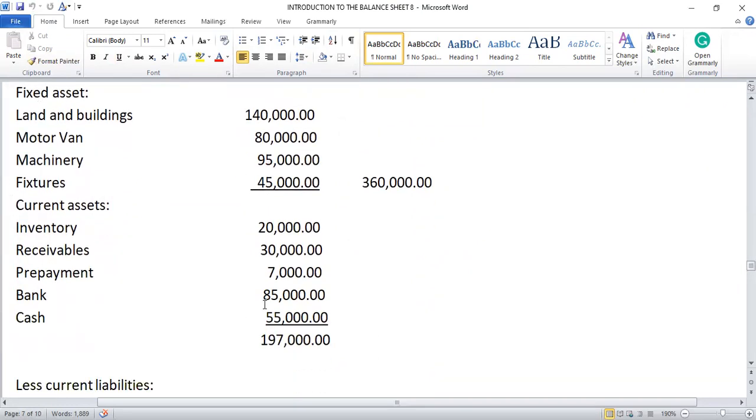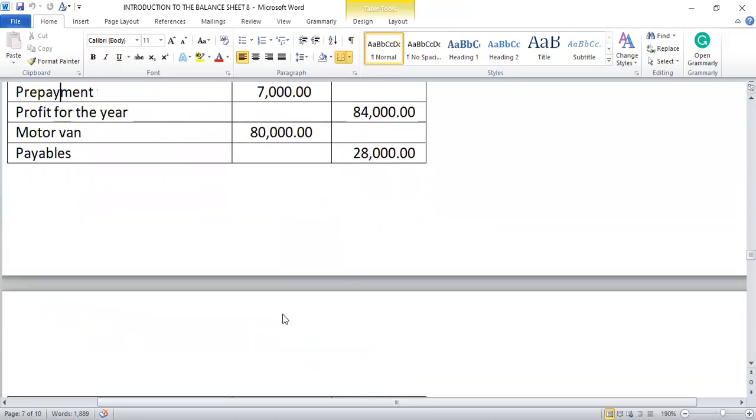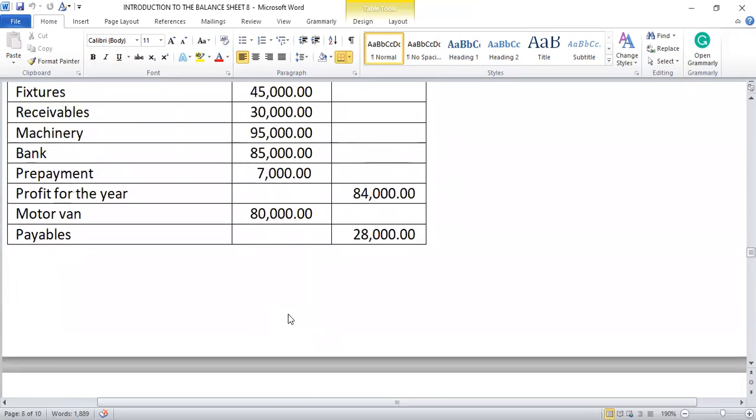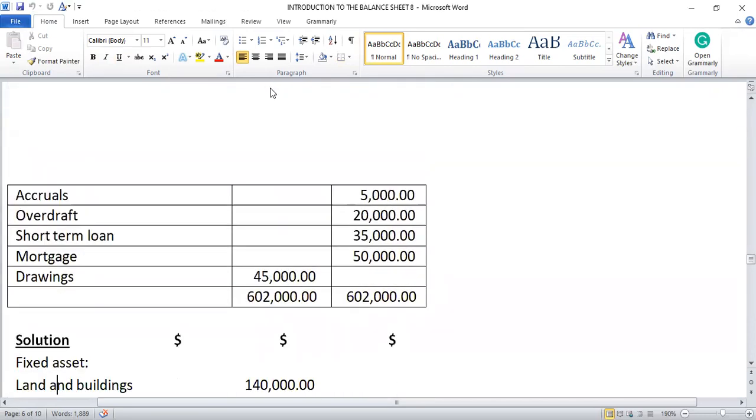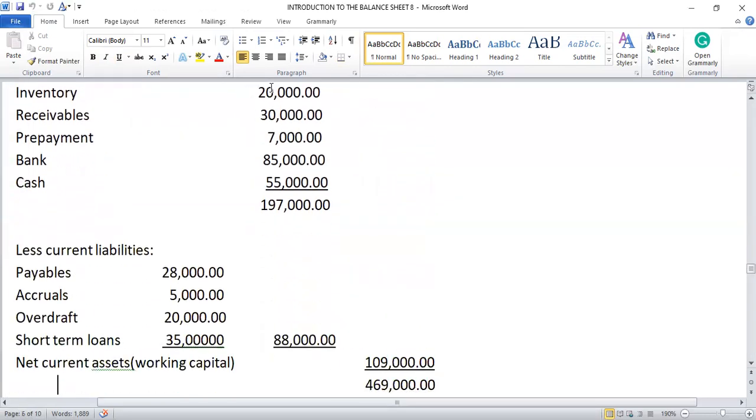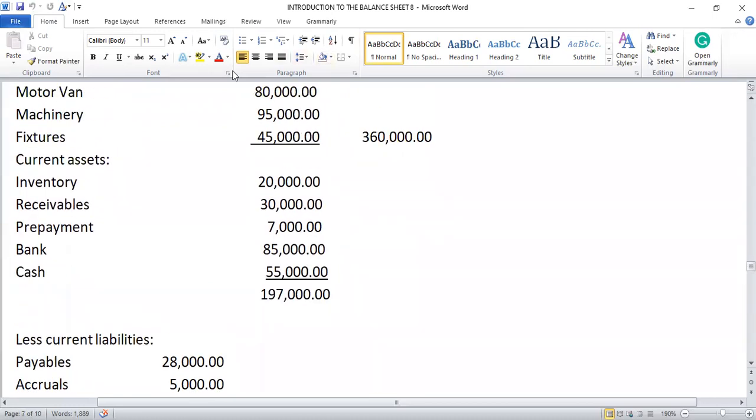Bank, $85,000. Cash, $55,000. Then we sum up all the current assets. When you sum up all the current assets, we have $197,000.